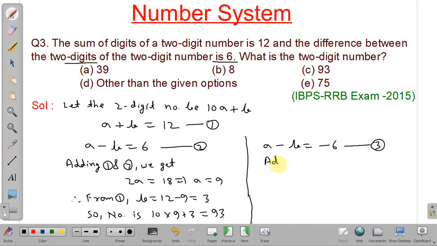So again adding 1 and 3, we will get twice of A equal to 6. And from this we will get A equal to 3.